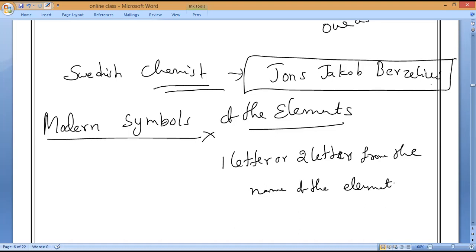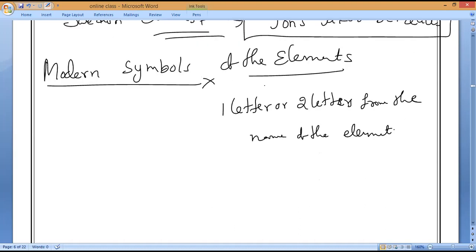Nowadays, the symbols and names are accepted; none of us can choose them. For example, in future, if somebody among you discovers or invents a new kind of element, you cannot choose the name according to your convenience. We have to submit it to one organization called IUPAC.